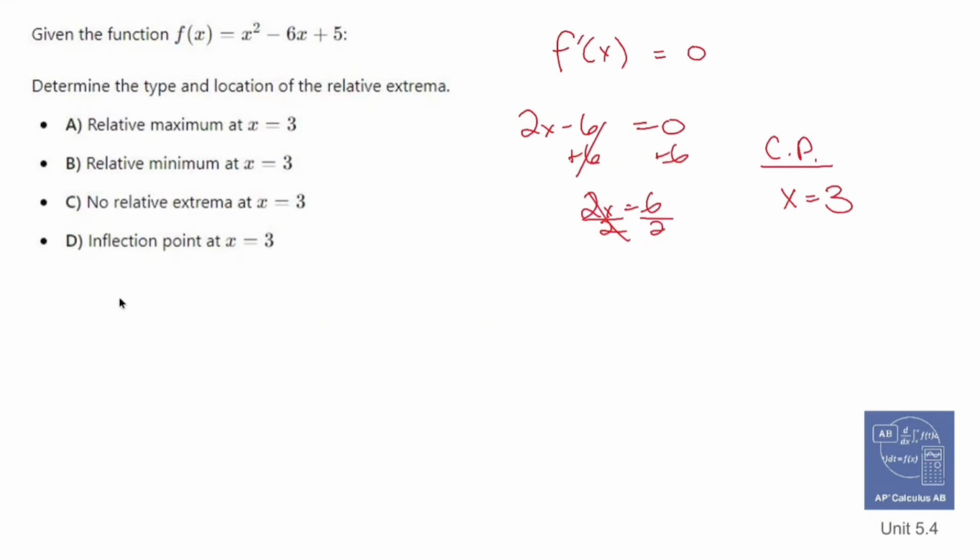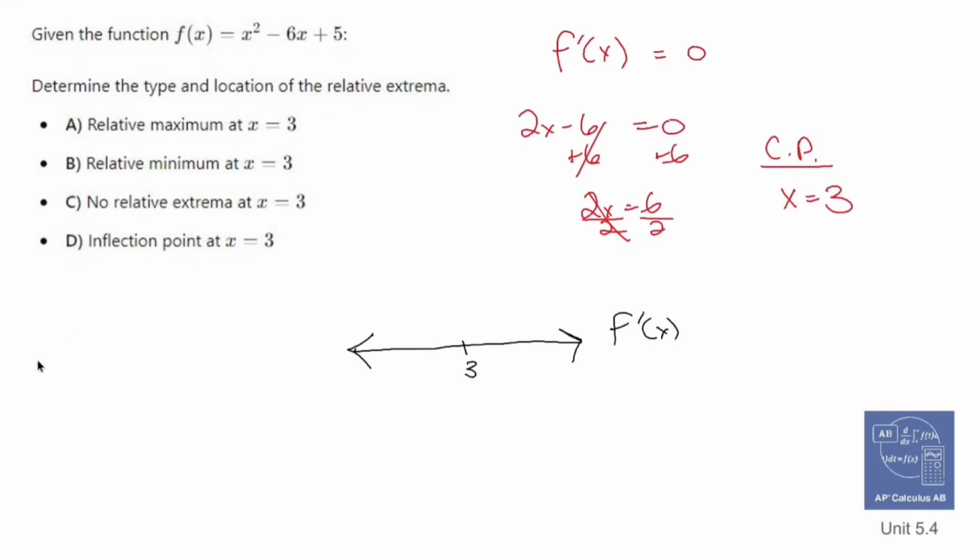Now, what I'm going to do is make myself a sign chart or a sign table for the derivative. My magic number is 3. What I want to find out is where this graph is increasing and where it is decreasing.